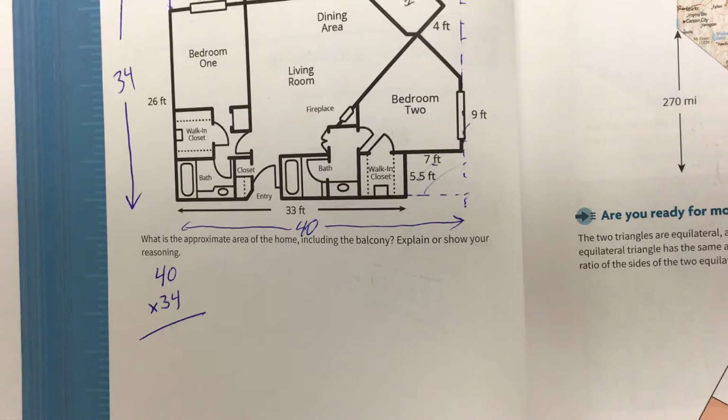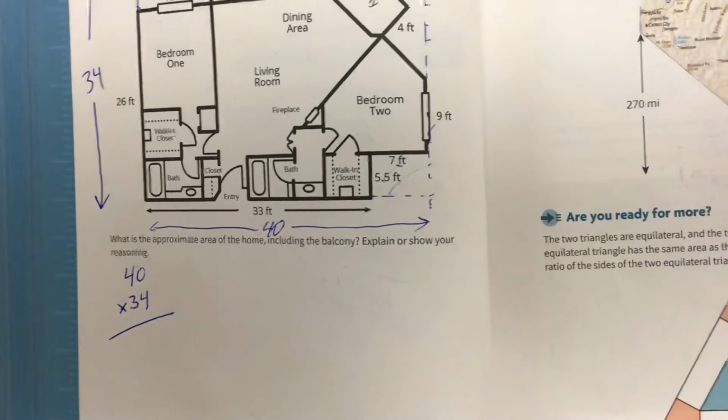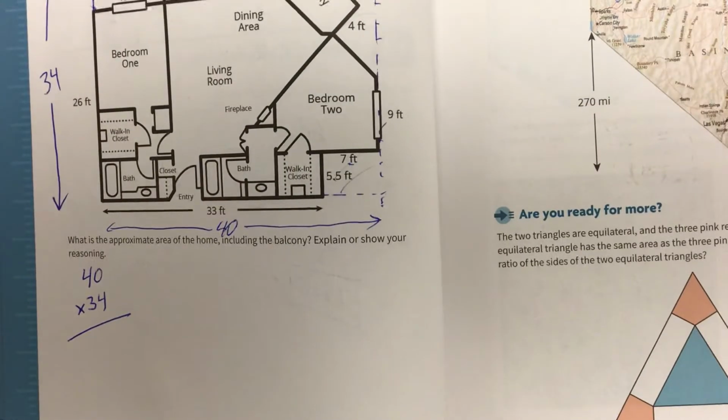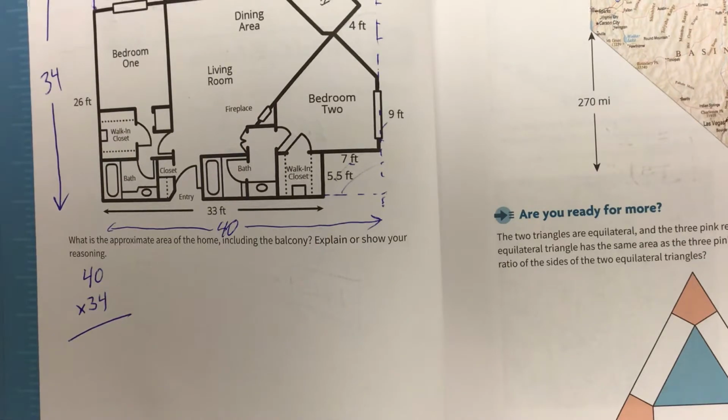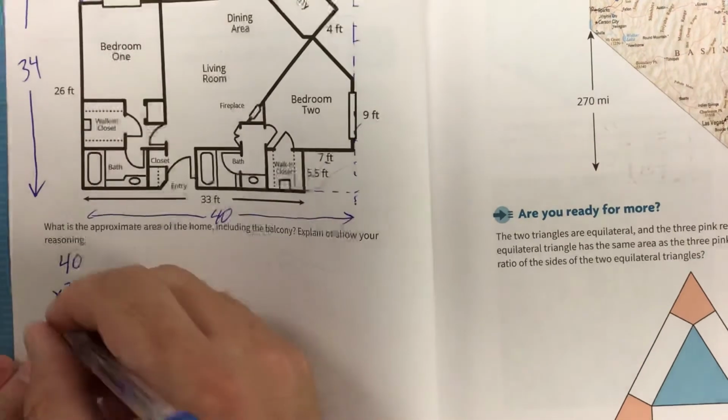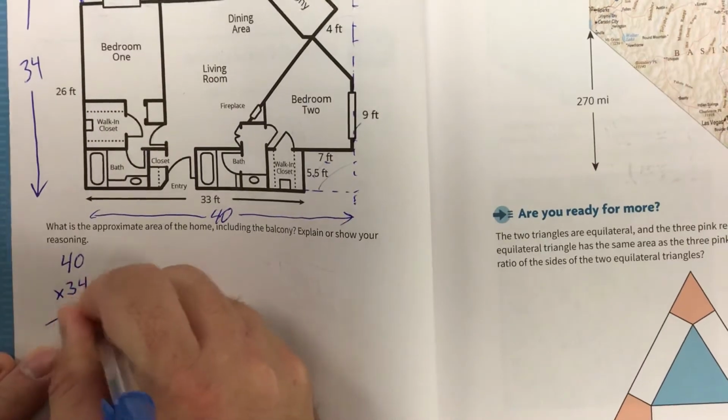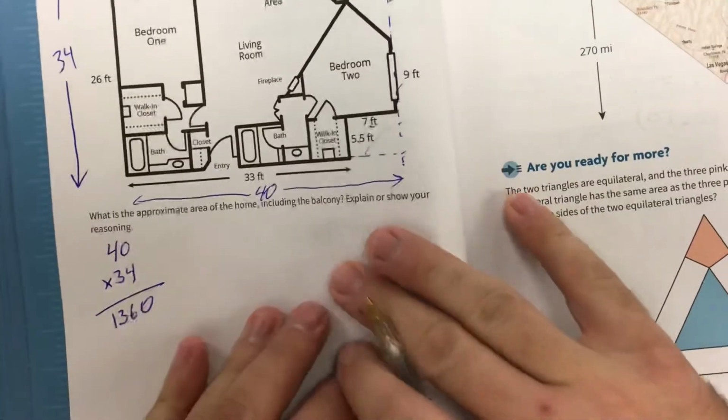Then we will check Brody and see if we agree. 1260. Yes? 1360? All right. So we will go with 1360.